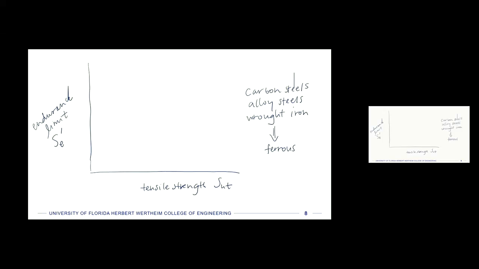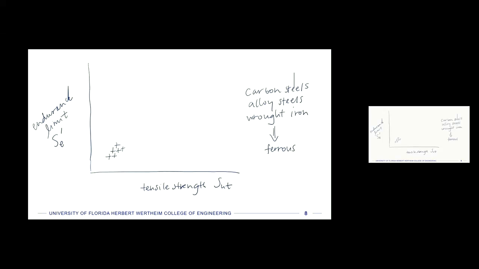Wrought irons don't do very well, okay? If you know anything about wrought iron, it's very hard and it's not very uniform. So something happened like this, where there's a bunch of clustered data close to the origin.